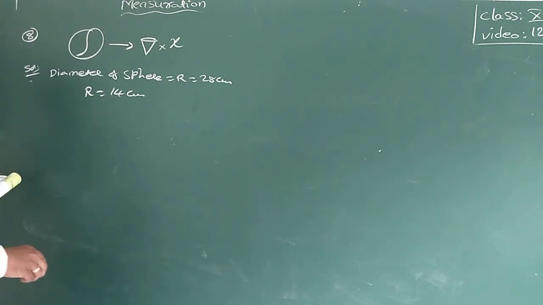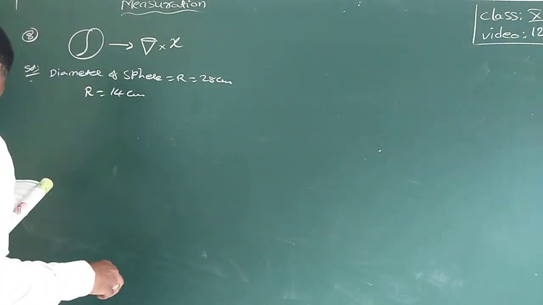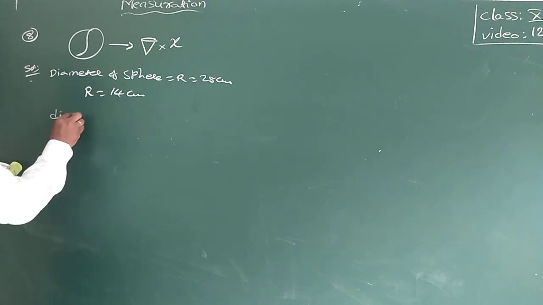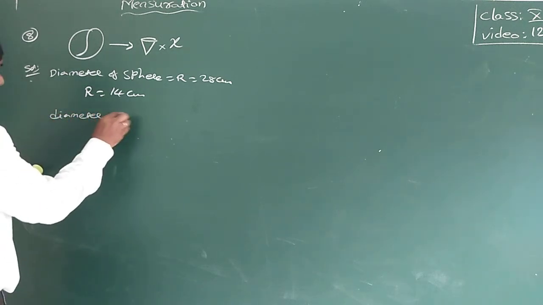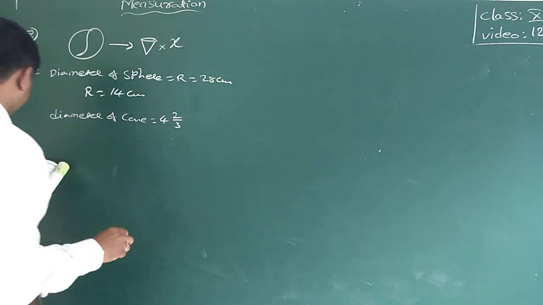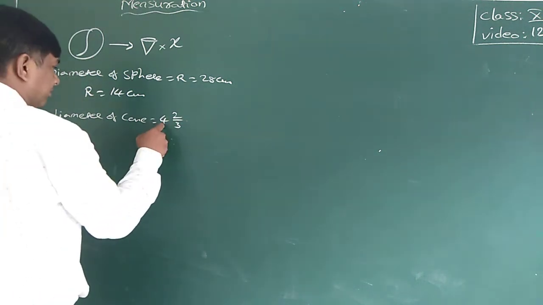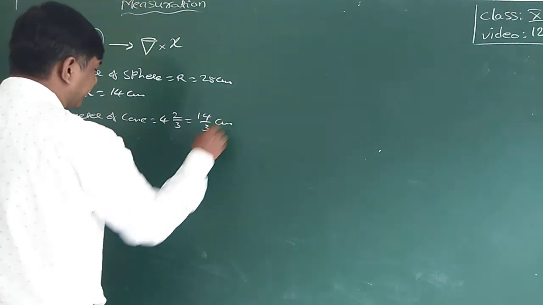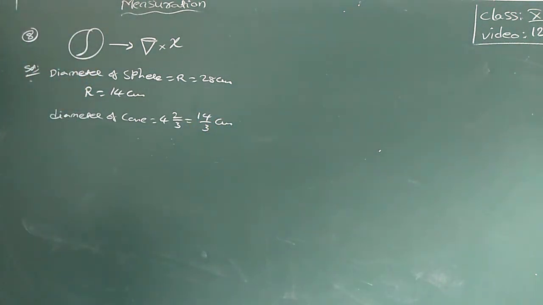And it is recast into smaller cones, each with diameter 4 2 by 3 centimeters. Convert: 3 4s are 12 plus 2, 14 by 3 centimeters. This is the cone diameter.